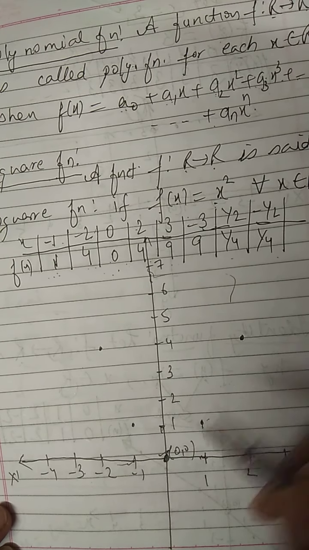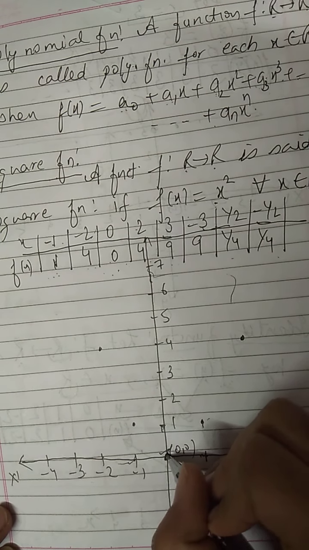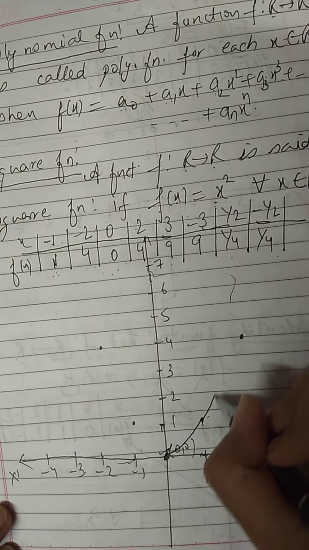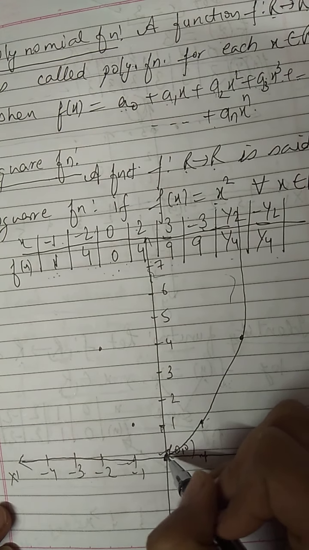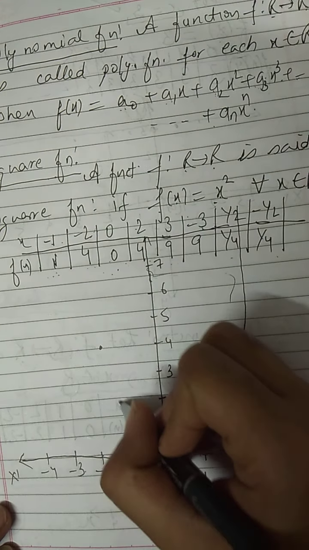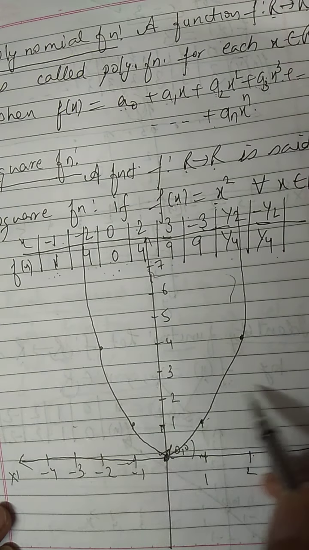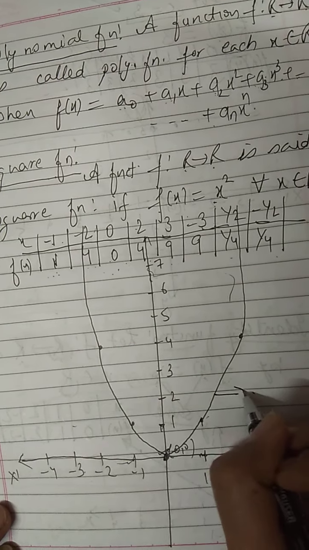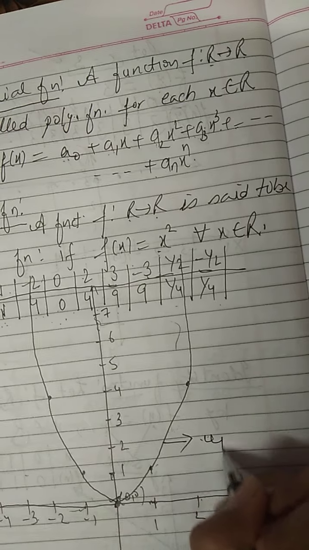And so on. So when I join these points freehand, no need to use the scale, this point will get joined, this point will get joined, and so on. It will go like this. Similarly, this side, we will join the points freehand, and it will go like this. Now when I look at the diagram, what kind of shape it is, it will be a U-shaped graph or upward parabola.